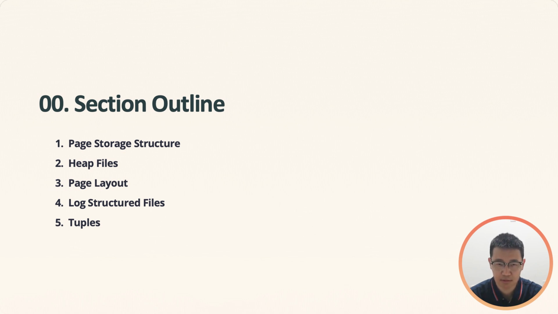And then we will talk about the log structure, the log file system, how it works in the whole disk storage. Finally, we'll talk about its internal tuple structure, as well as some of the pre-processing of the relational structure in the tuple. This is the main outline of today's session.